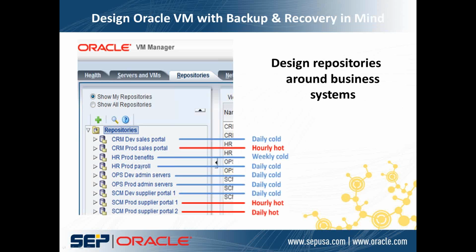So they have different backup requirements, and you should design your repositories using this scheme or something similar that works for you, so you're not mixing business systems with different backup and recovery requirements. That's very important. All right, so let's go ahead and move on to the next slide.